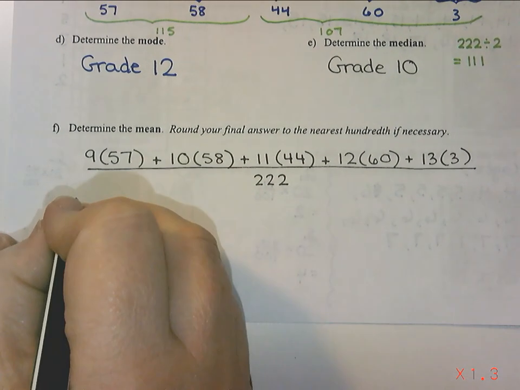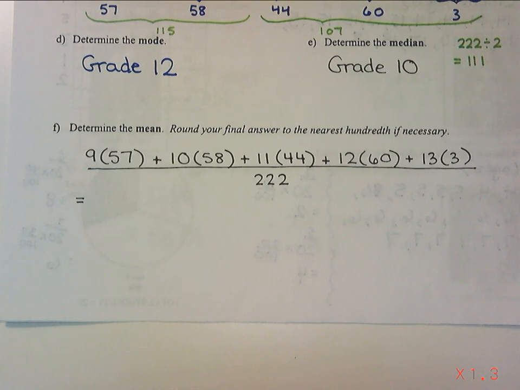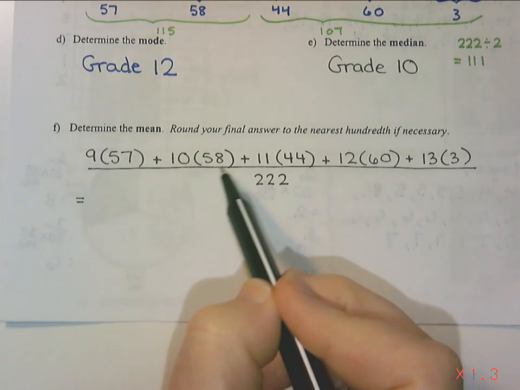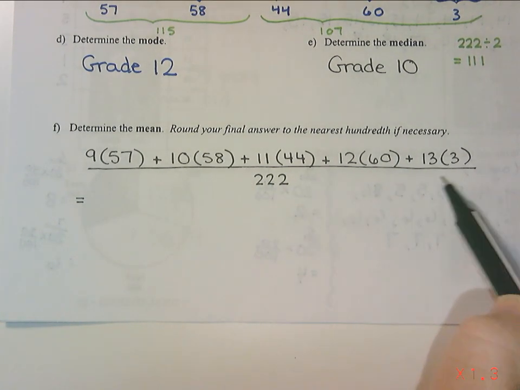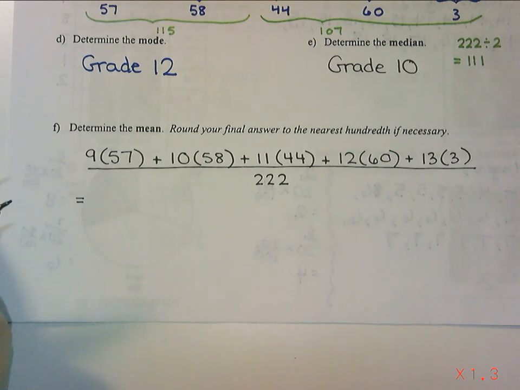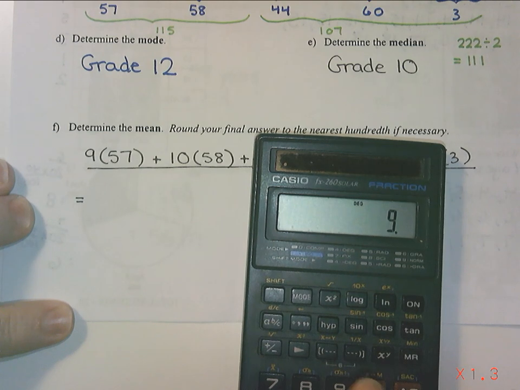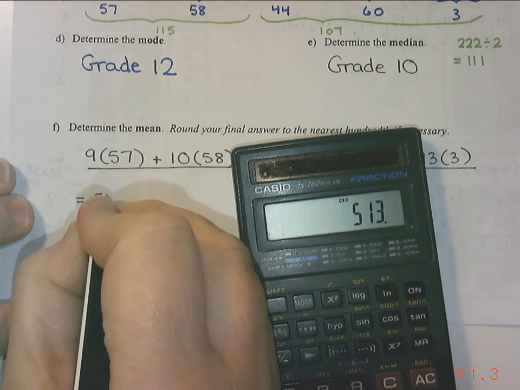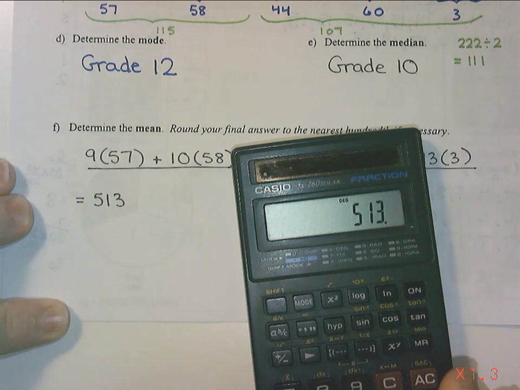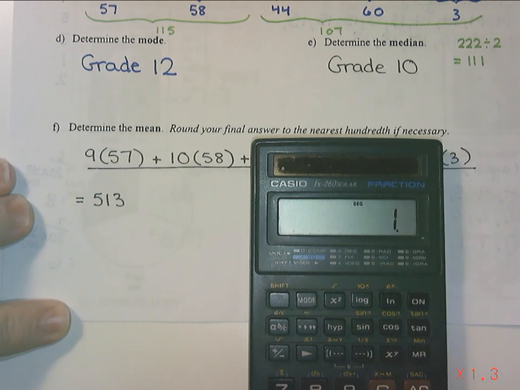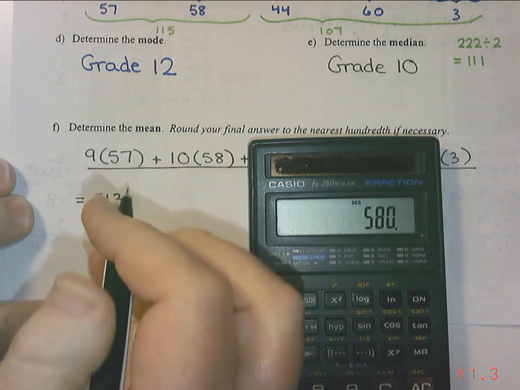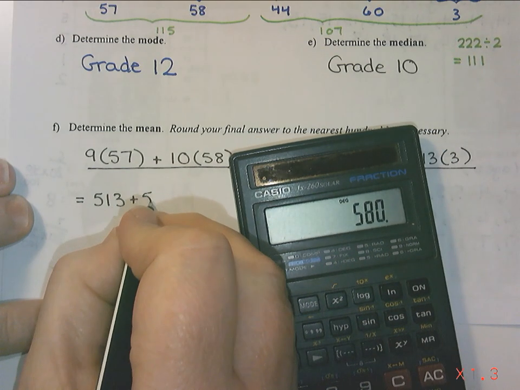Okay, this is going to involve a little bit of side calculating. I'm going to do all of the multiplications first because order of operations says we multiply before we add, and then I will add those numbers together. So we're going to start with 9 times 57. That is 513. Then we're going to do 10 times 58. That is 580.